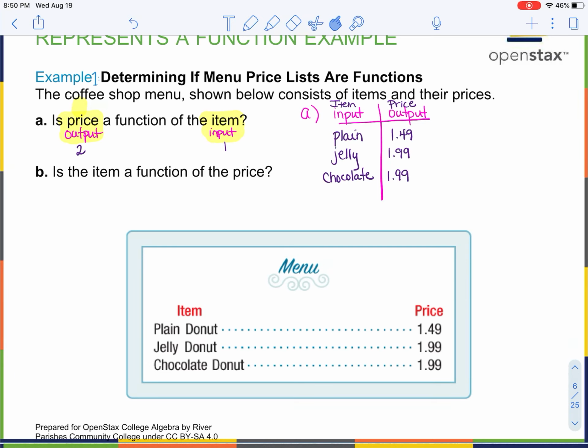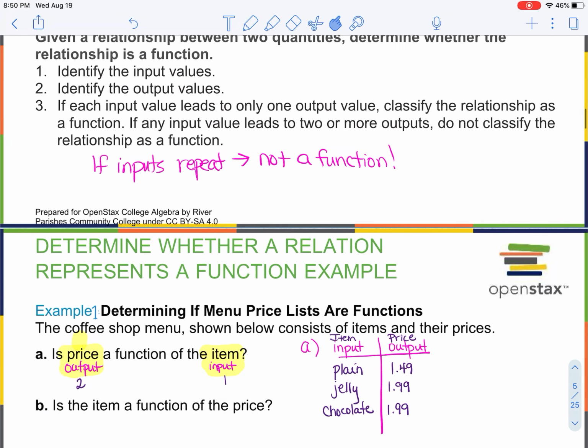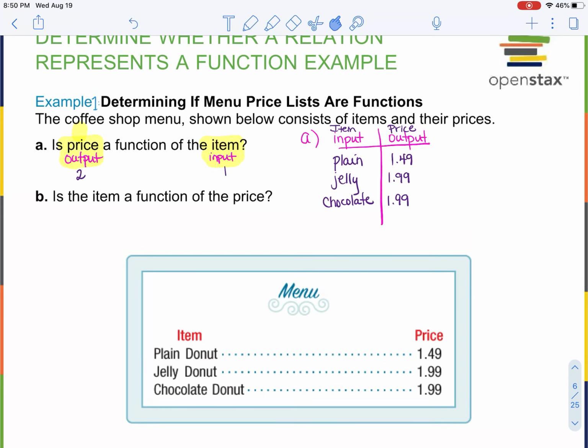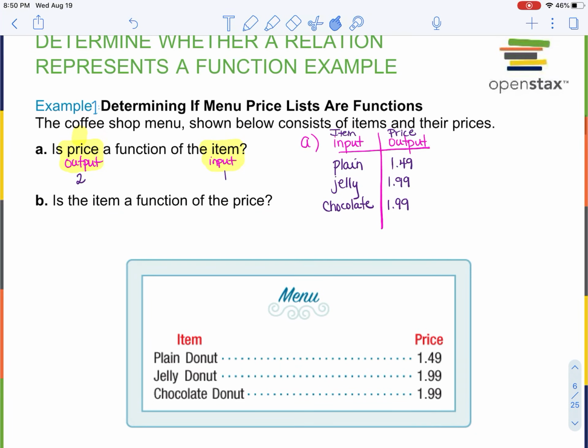So remember, to determine if something is a function, each input value leads to only one output value, which means the inputs can't repeat. So a plain donut is always $1.49. A plain donut doesn't have any other price. A jelly donut is always $1.99.